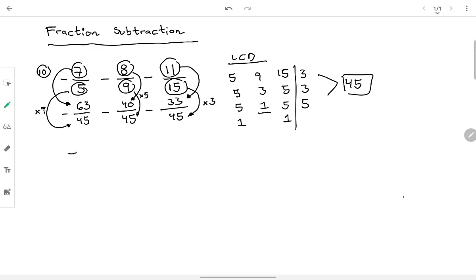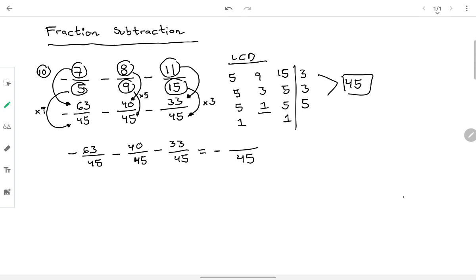So I will copy the exercise, in this case negative 63 over 45 minus 40 over 45 minus 33 over 45. We know that the actual result is going to be negative. It will also be over 45.